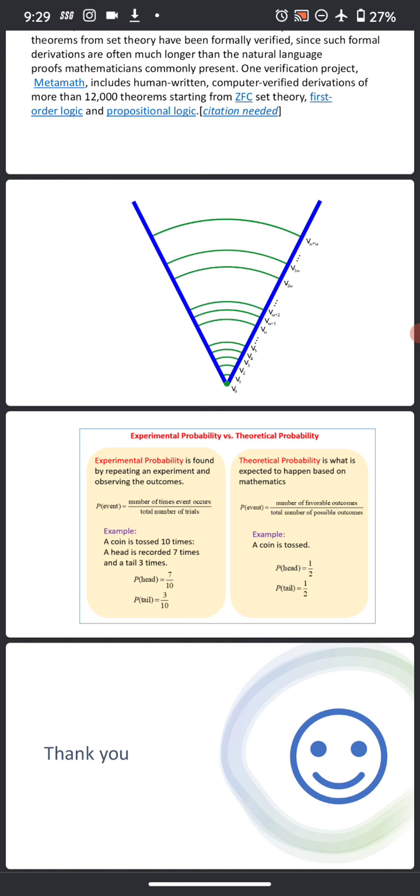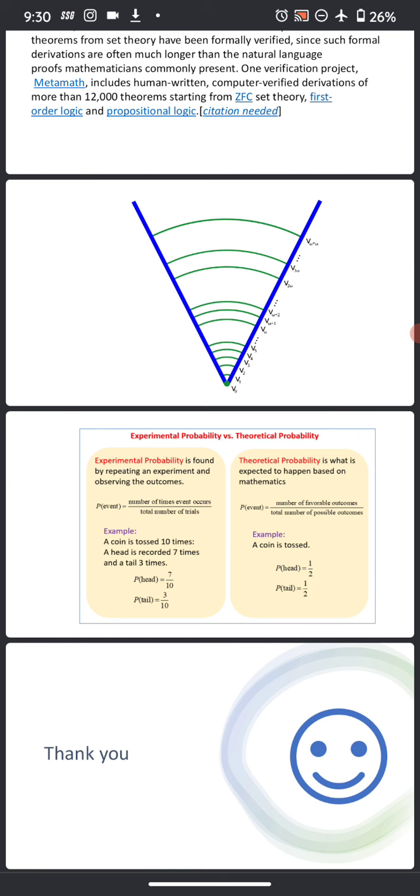For example, a coin is tossed 10 times, and heads is recorded 7 times and tails 3 times. So P(head) equals 7, the number of times the head occurred, divided by the total number of trials the experiment had, 7 by 10, and the same for P(tail), 3 tails, so you have 3 by 10.